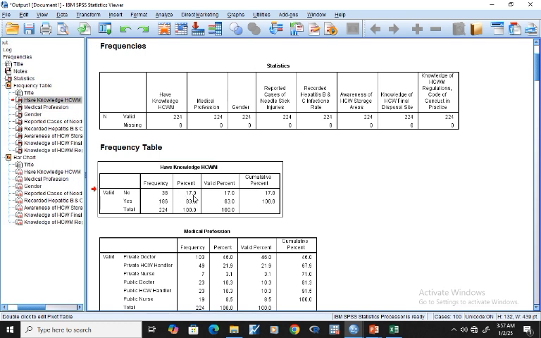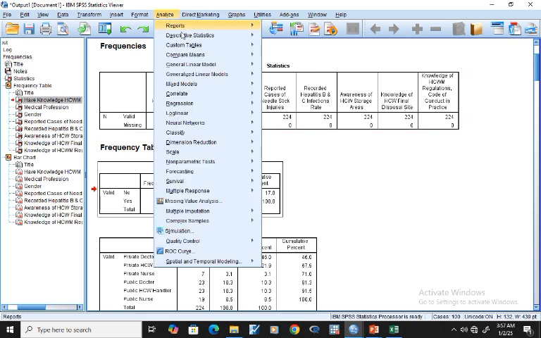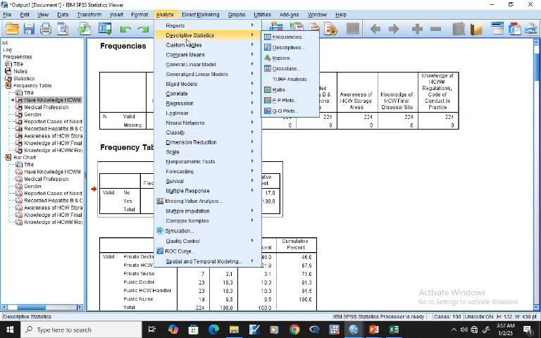Like, does level of medical profession inform their knowledge of waste management? You can intend to probe further. And to do that, what you do is move to your analysis, move to descriptive statistics, and we'll make use of the cross tabs.